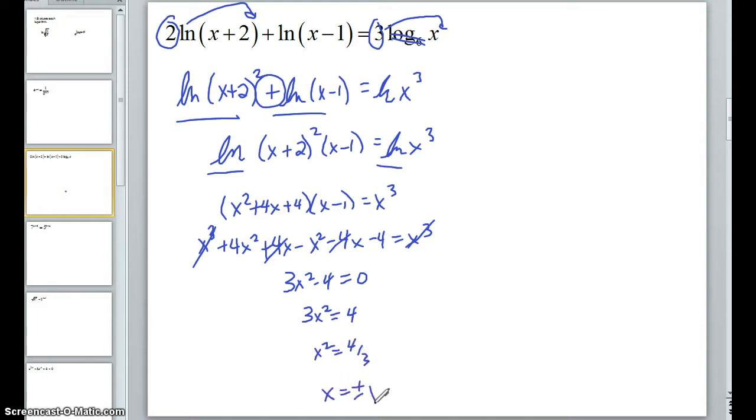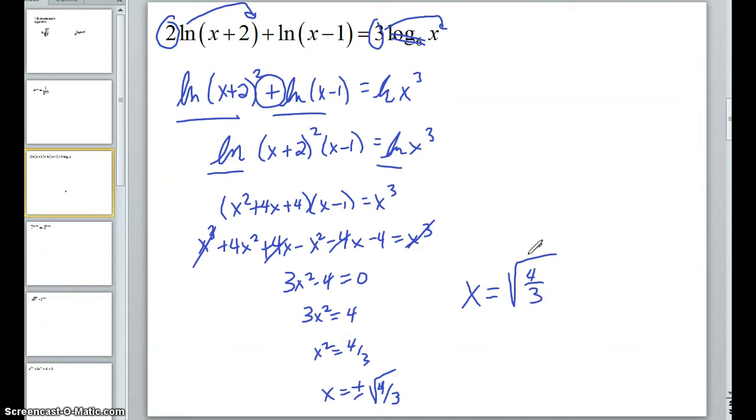X is plus or minus the square root of 4/3. Now the negative is not going to work because if I put the negative right in here, I'm going to have a negative, so the negative is going to be extraneous. The positive, however, is going to work. It's bigger than 1, so we're good to go with the positive. So our only answer is x equals the square root of 4/3.